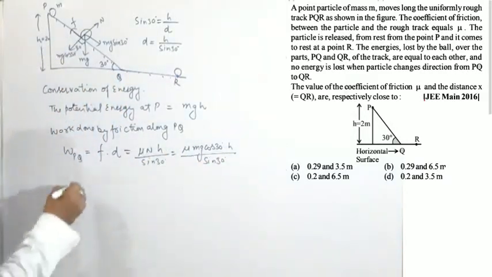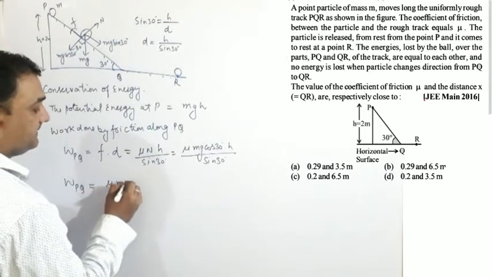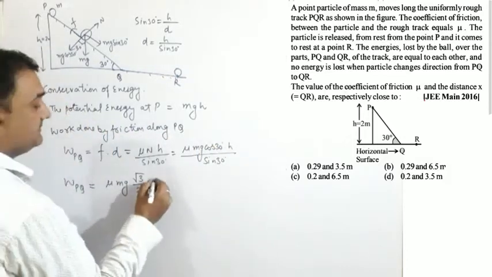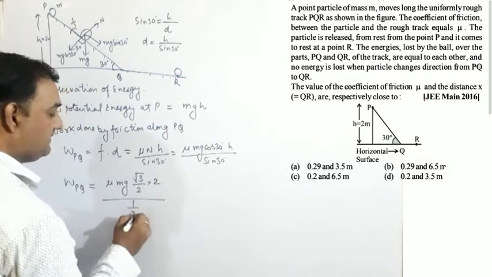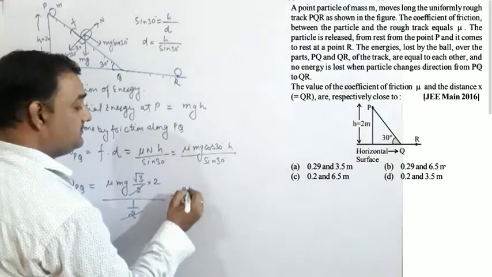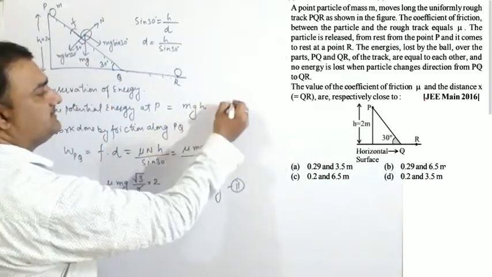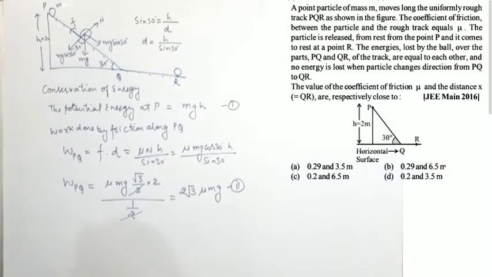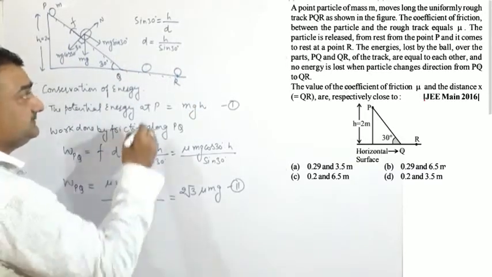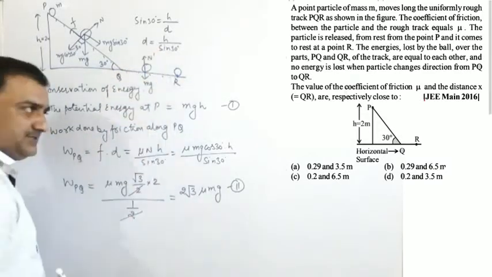Now we can put the value of cos 30 and sin 30, that is root 3 by 2, and h is given as 2 meters, and this is 1 by 2, so this 2 and that 2 are cancelled, and we will get 2 root 3 mu mg. So this is our second equation, this is our first equation, you can say. Now when the particle moves along Q to R, the normal reaction will change, that becomes n dash.